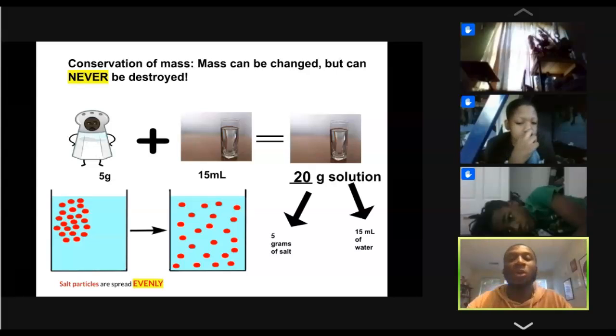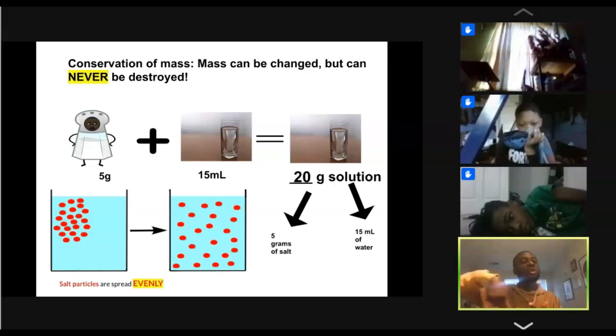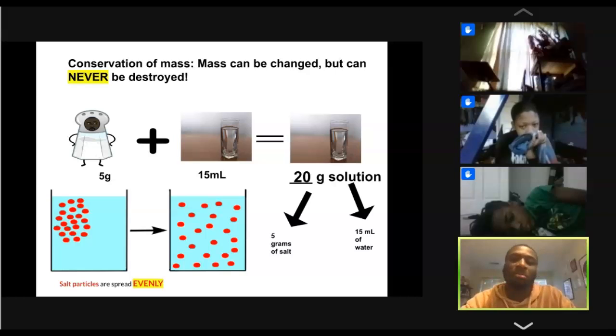I have a trick question. If I mix my salt solution, does it just stay at the bottom? Based on what we see in our demonstration or in my picture, does it just stay at the bottom?